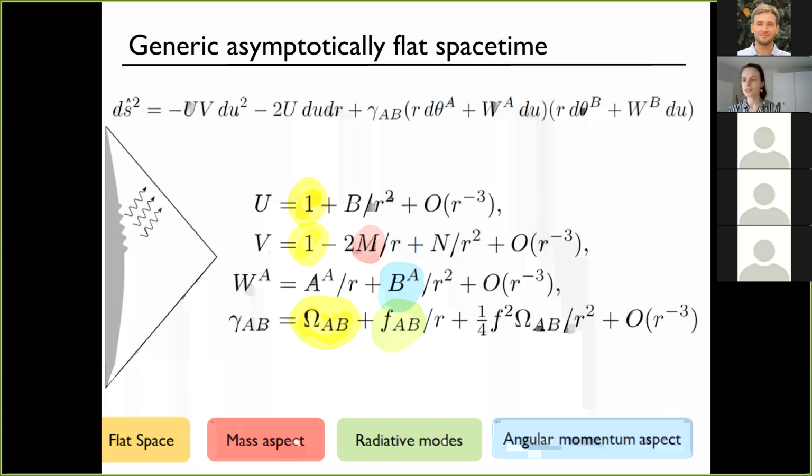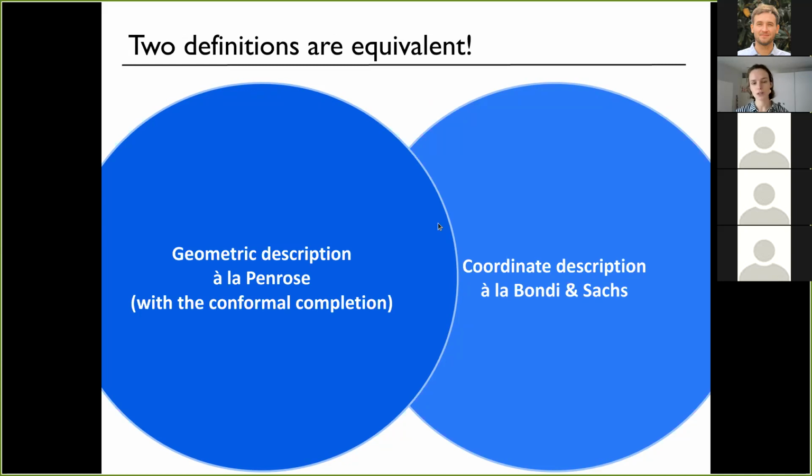So you can either say that if you have a particular metric and you can put it in a coordinate system such that your metric satisfies this decay, then that is an asymptotically flat spacetime, or you can check the conditions in the geometric description. They're really interchangeable.